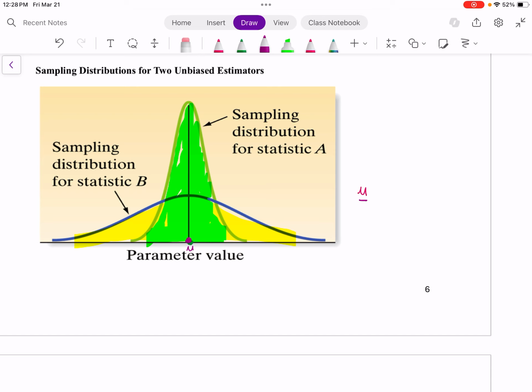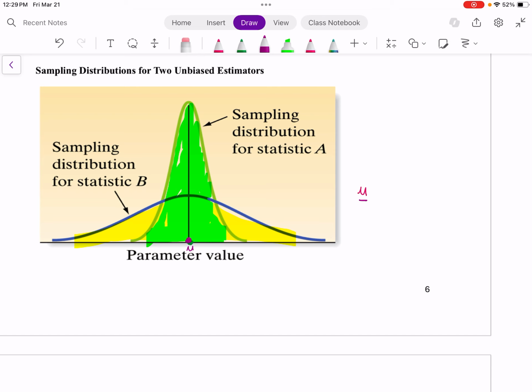They both are unbiased estimators, because the mean of the sampling distribution for A and B equals our parameter mu. Now we have to find the best out of A and B. Why is A the best estimator? Because it has less standard deviation, right? Distribution A is less spread.